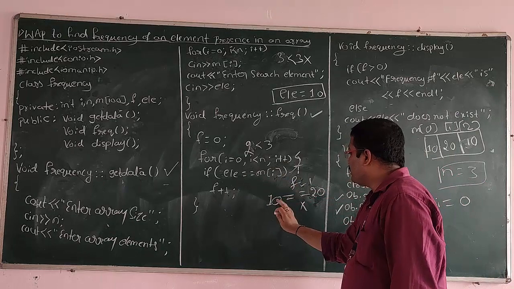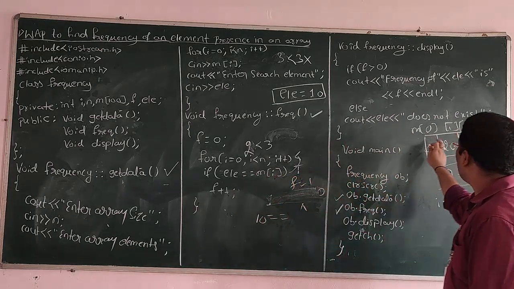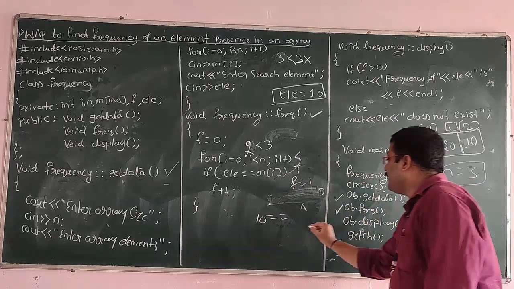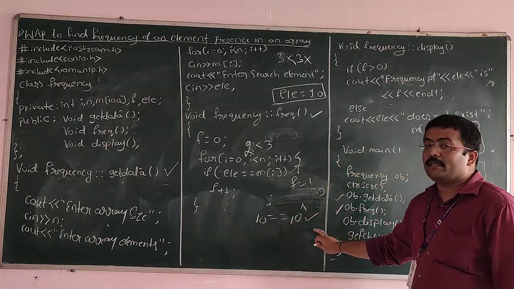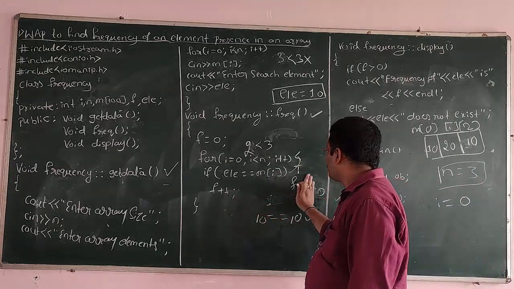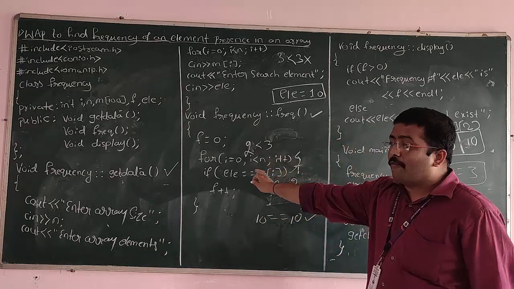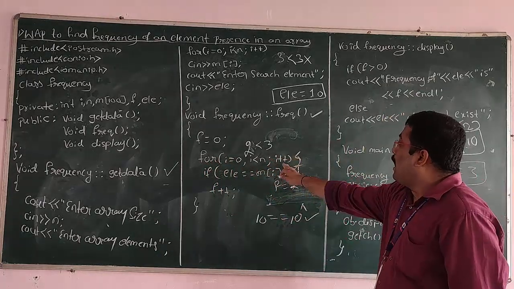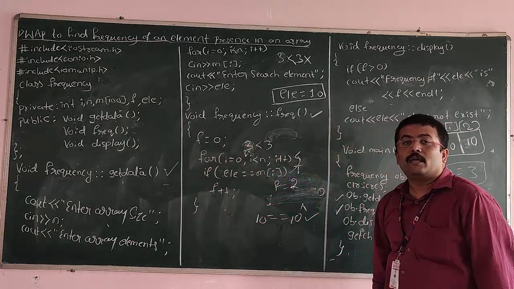Then the element value is 10 and m of 2 is 10 here. So 10 equals 10? Yes, again the condition is true. So the f value is incremented, f becomes 2. Again the for loop is executed, i is incremented, and 3 is less than 3?